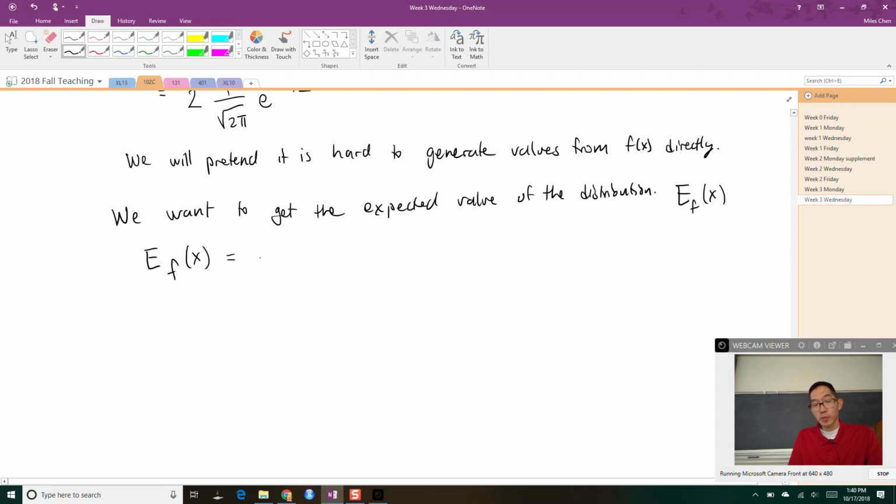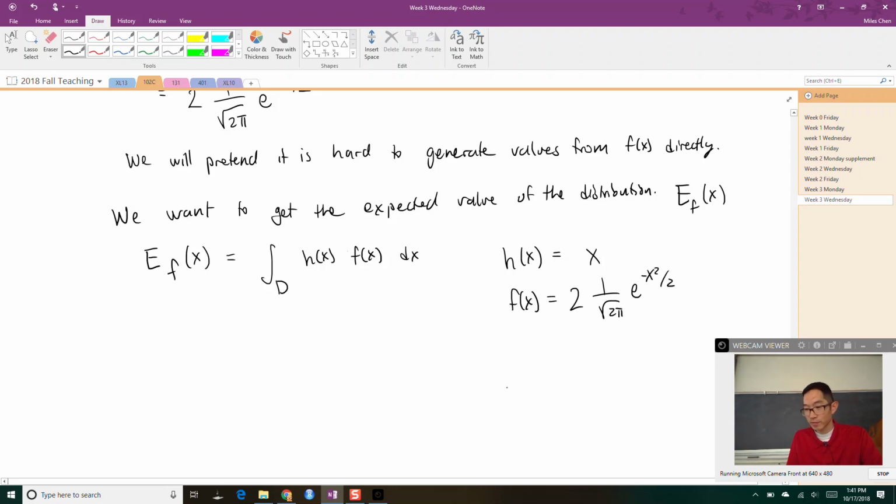We want to get this in the form integral of h of x times f of x dx. So what is our h of x? It's just x, because that's what's inside the parentheses. And then our f of x is 2 times 1 over root 2 pi e to the negative x squared over 2.